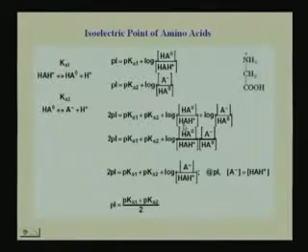Then if you work through the algebra, you can find out that the pI is going from the +1 to the -1 through the 0. The pI is the summation of the pKa's of those two values divided by 2. Okay, so all you have to do is consider the +1 form, the -1 form going through the 0 form, for which you calculate the pI value of your specific amino acid.